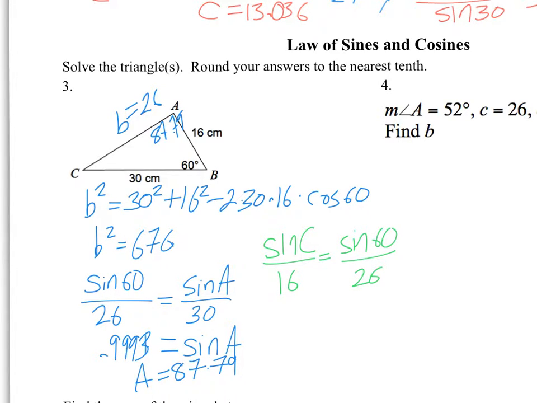I'm going to multiply both sides by 16, and we get sine 60 divided by 26 times 16, and the inverse sine of that is going to be c is 32.2-ish degrees. And when I plug that in, we do add up to 180 overall, so we are okay.